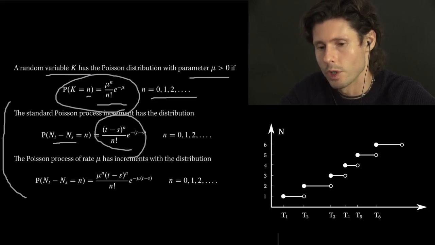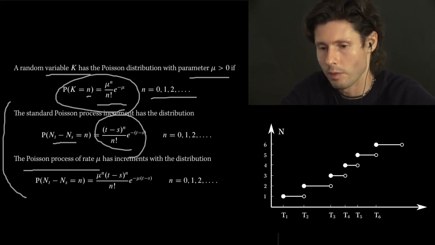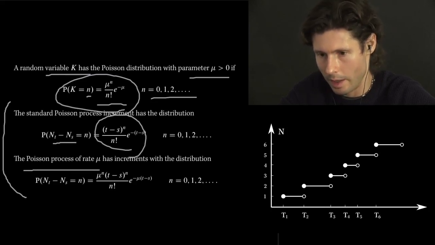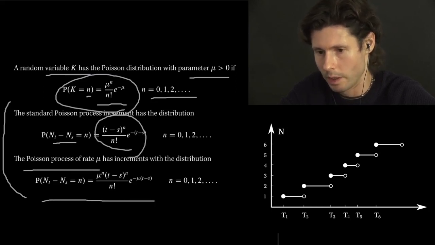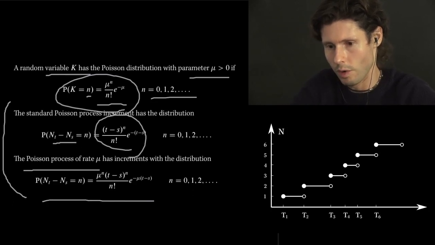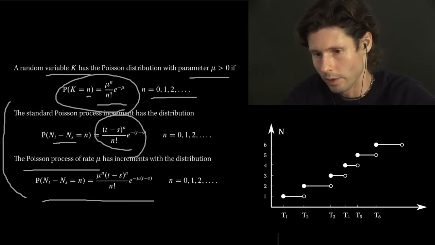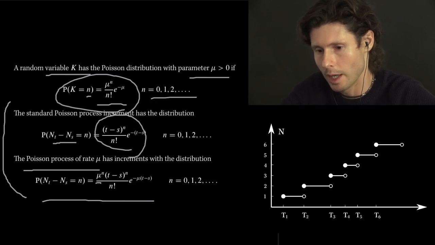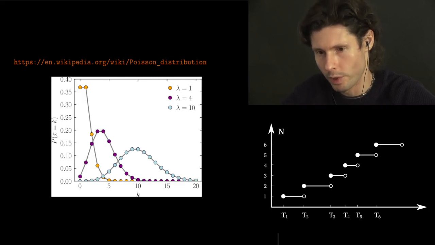And then more generally, as we'll see later, if we're thinking of a Poisson process of rate mu, then these would be the distributions for each increment. So you just have a little multiplier mu here next to the time duration for the increment. This is what the Poisson distribution looks like.